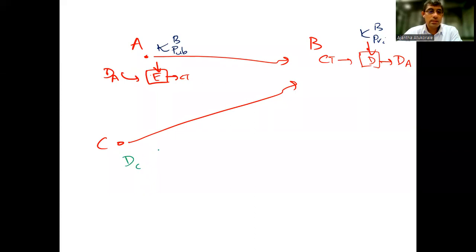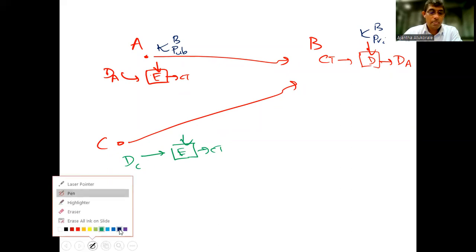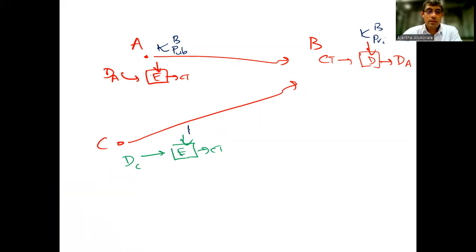DC, data C, will be sent to this encryption to get ciphertext, which we will be using the same key.